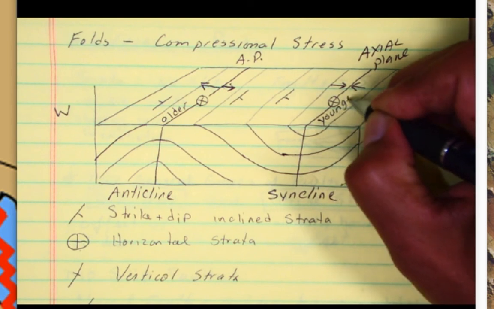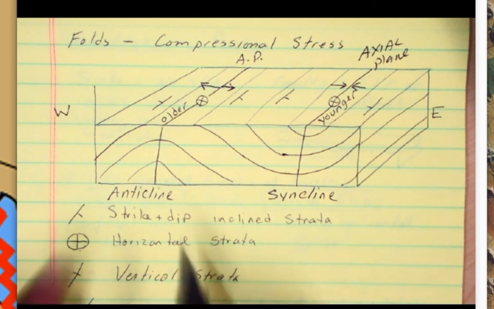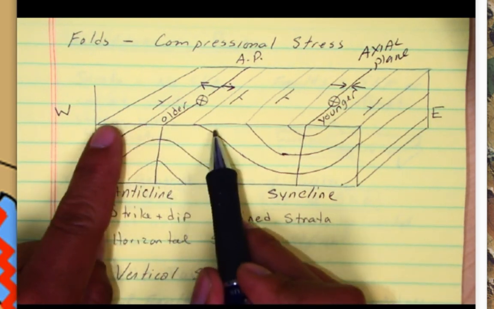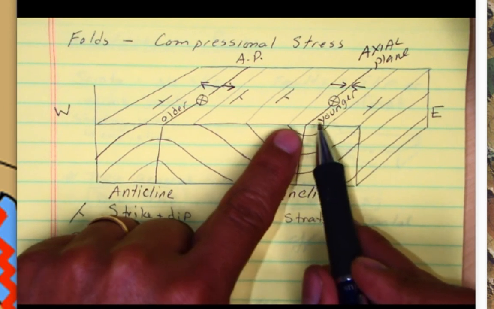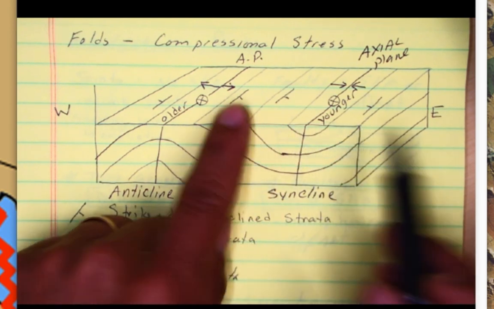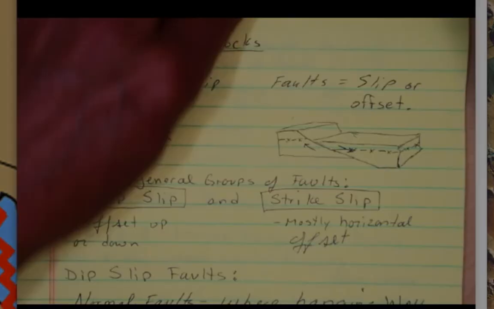So when you're looking at synclines and anticlines, you often have an age connotation, meaning that an anticline will always have older rocks near the axial plane, and as you move away, they're going to get younger. On the other hand, the syncline will have the younger rocks at the axial plane, and as you move away, they're going to get older. So there is some stratigraphic significance as well.